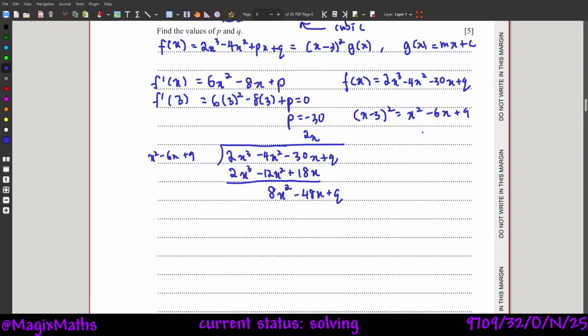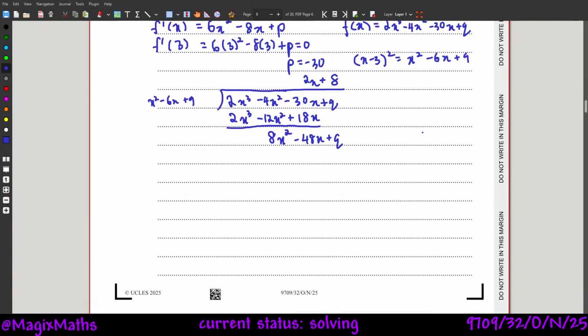So we just write 8. Then we'll have 8x squared, and minus 6 times 8 is 32x. Wait, no, 6 times 8 is 48x, my bad. Then 9 times 8 is 72. And this should result in 0. So we can see that q minus 72 equals 0. Hence, q is equal to 72.